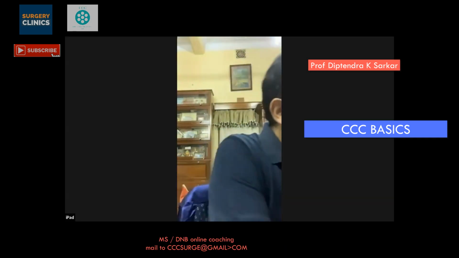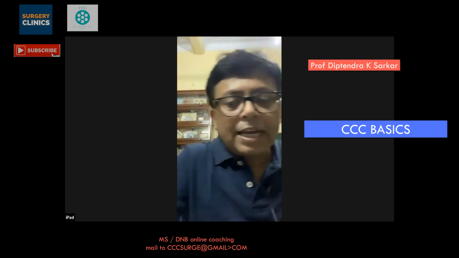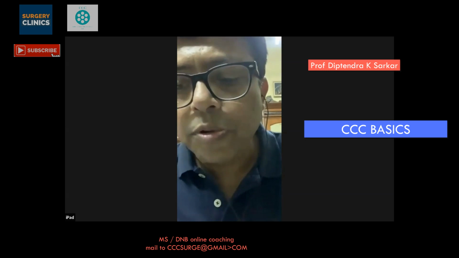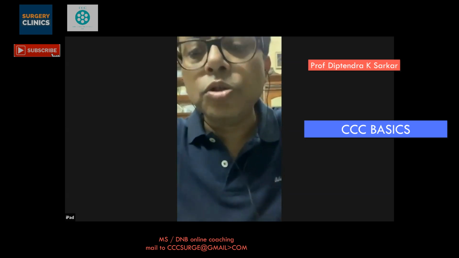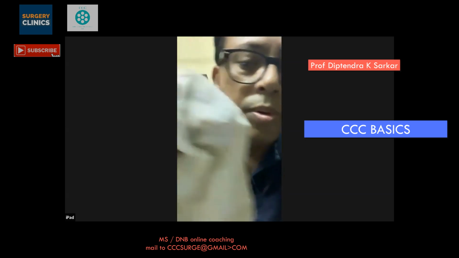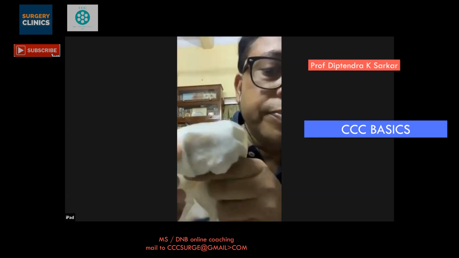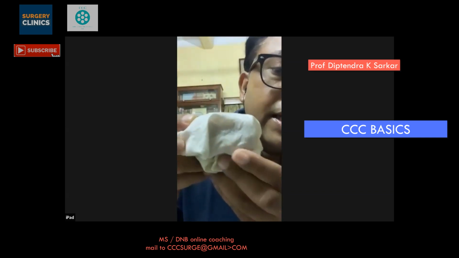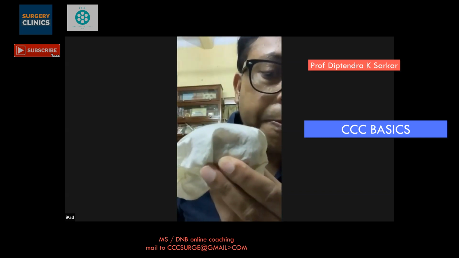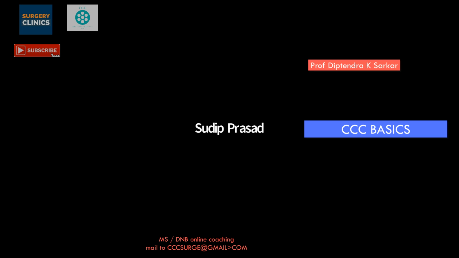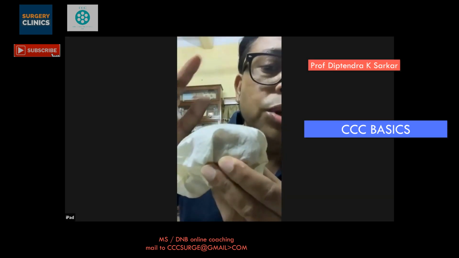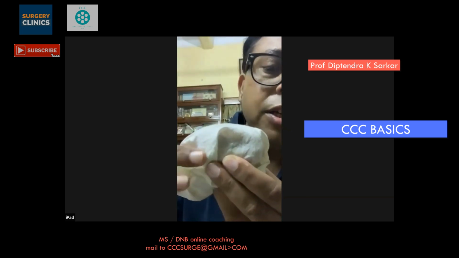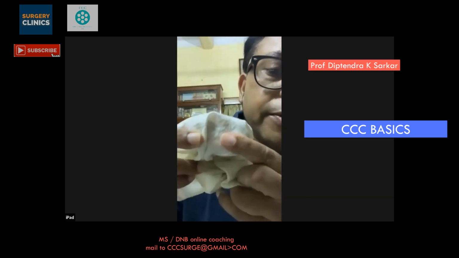Now, I'm going to show you how exactly I can demonstrate fluctuation. Can anybody see what exactly I am trying to show you? This is a swelling that I can see. Can you see this swelling? Yes, sir. Okay. Now, when you are asked to demonstrate fluctuation of this swelling, a very important first step, number one, is to fix the swelling.